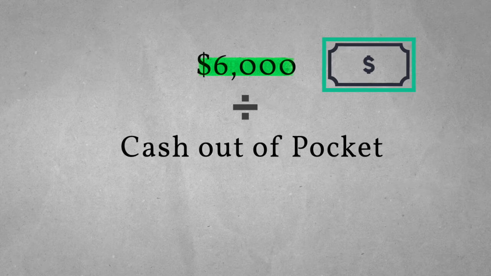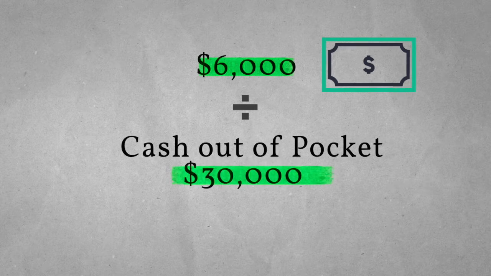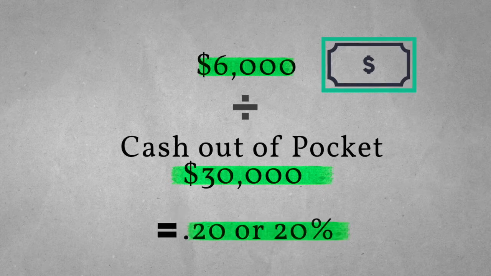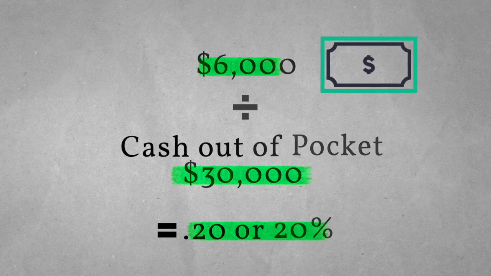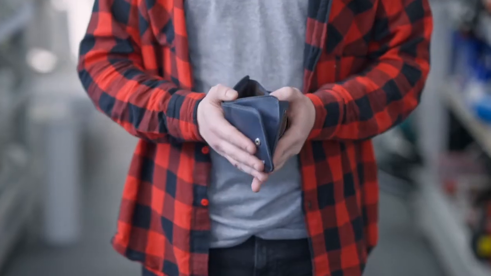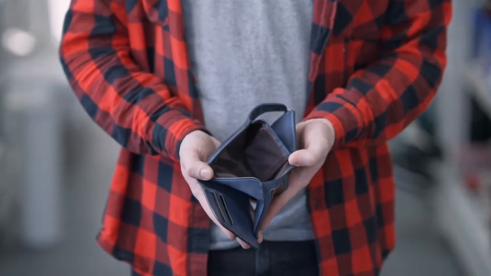So in this case, let's say your cash out of pocket is $30,000, and you take $6,000 divided by $30,000, that's equal to 0.2 or 20%. This is a really good cash on cash return. So that's another number that we analyze. Now, obviously, if your cash flow is low and your cash out of pocket is high, then your cash on cash return will be lower.